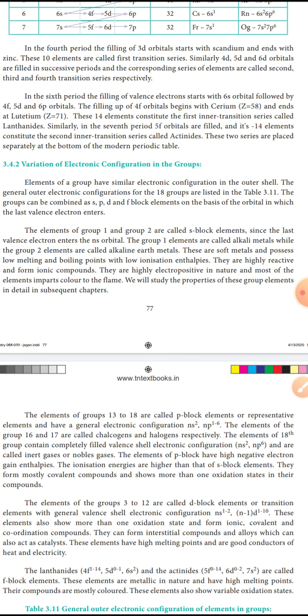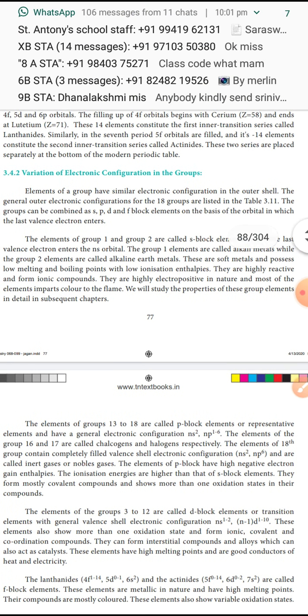The groups can be combined into s, p, d and f block elements on the basis of the orbital in which the last valence electron enters. The elements of group 1 and group 2 are called s block elements since the last valence electron enters into the ns orbital.